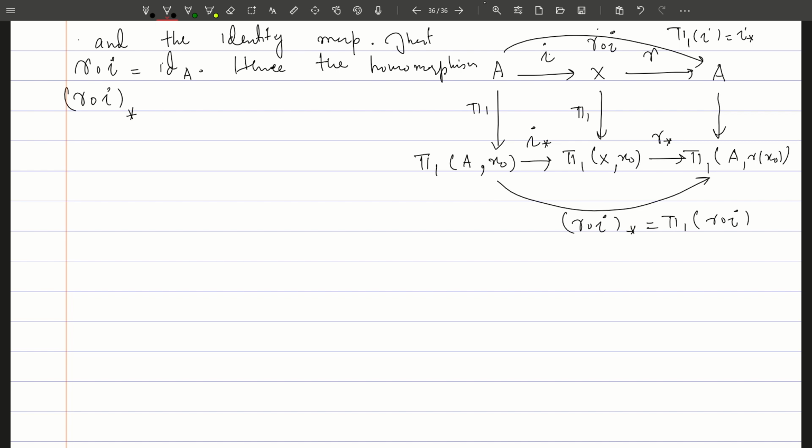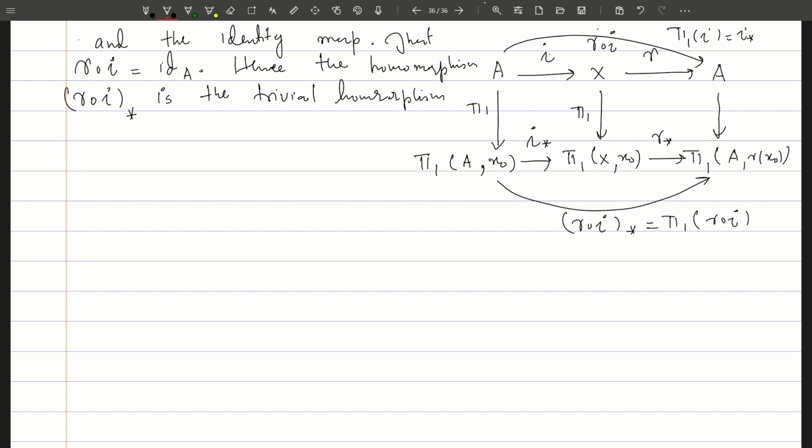So hence R composite I star is the trivial homomorphism.